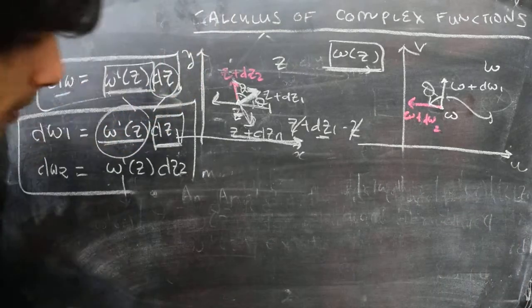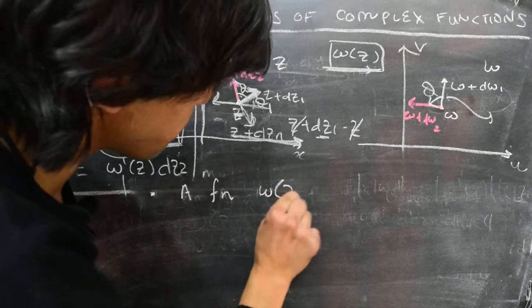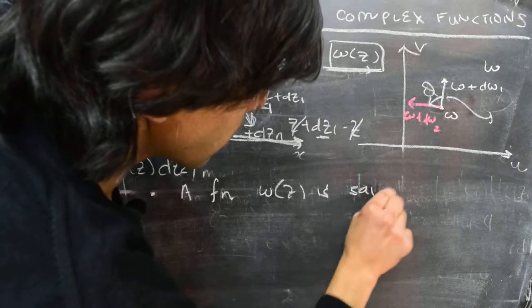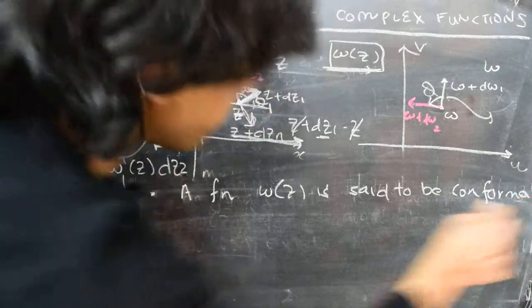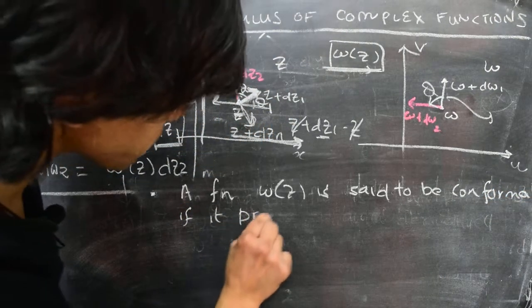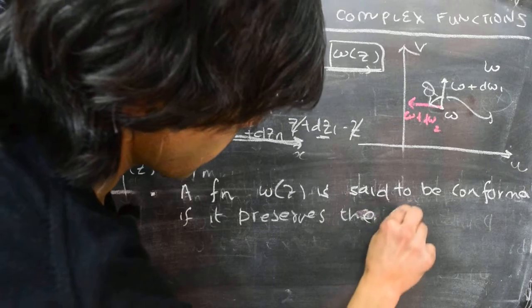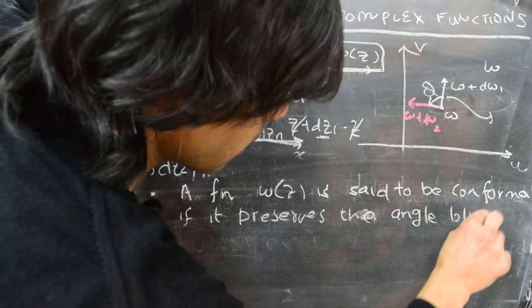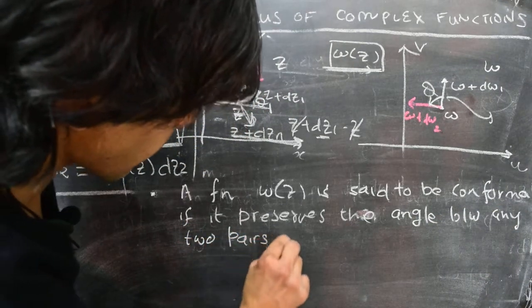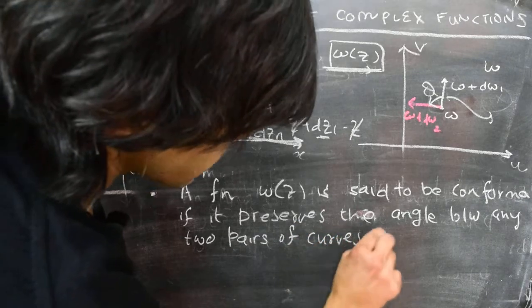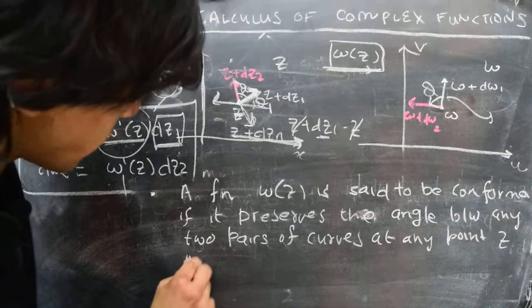So what about conformality? A function w of z is said to be conformal if it preserves the angle between any two pairs of curves at any point z in the complex plane.